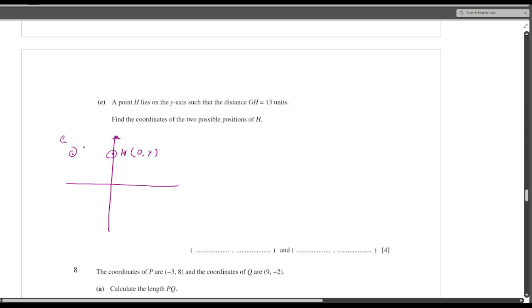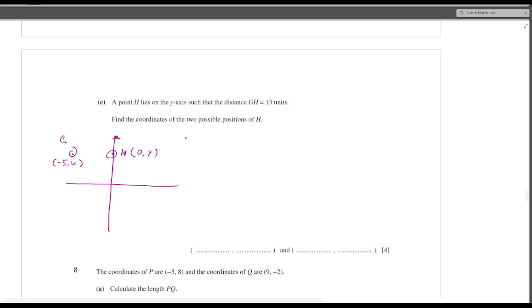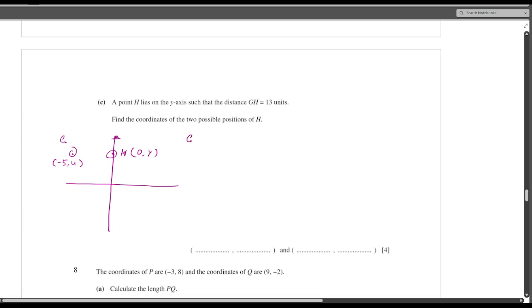Okay, I have to find two possible values of H. So GH, if I say, is going to be the square root of y minus 4 the whole square plus 0 plus 5, and this length is given to me as 13.